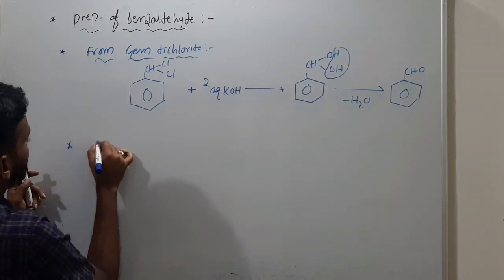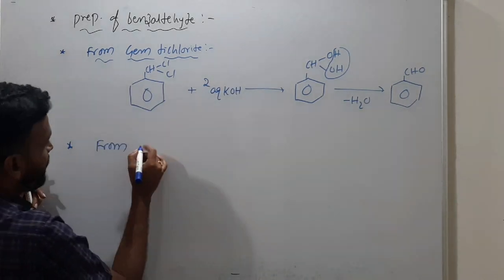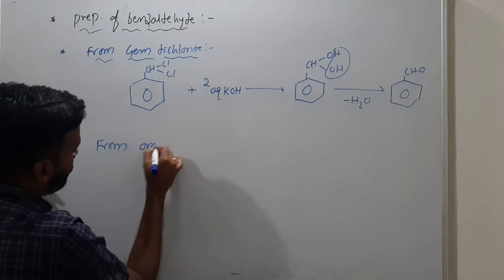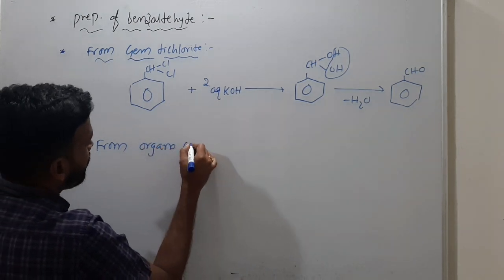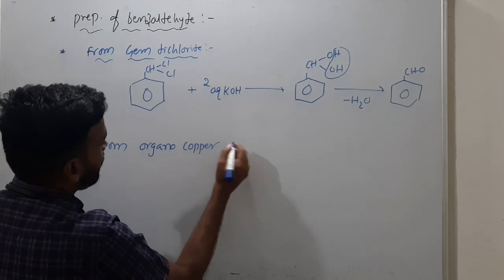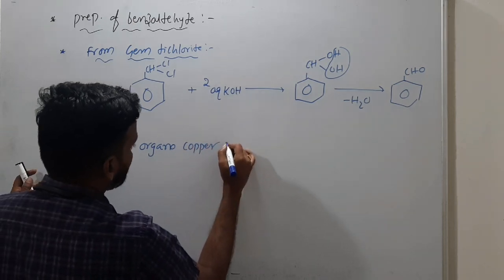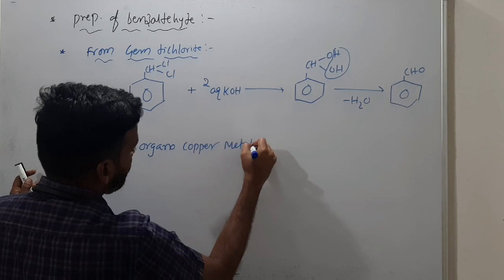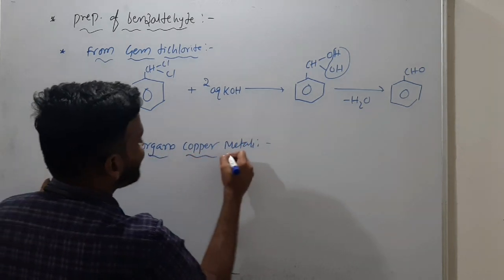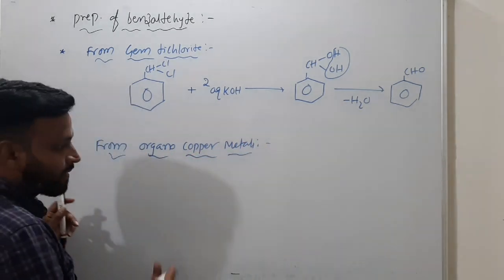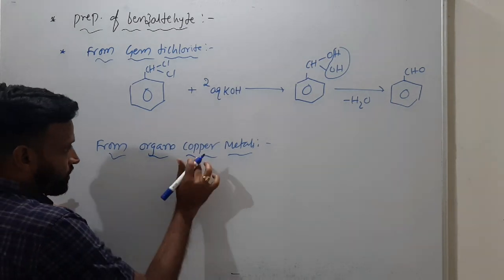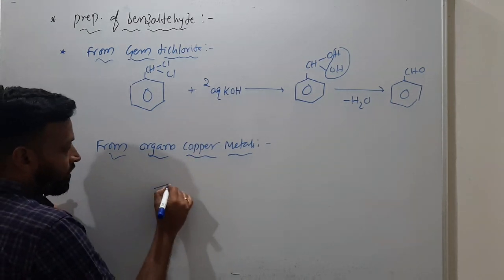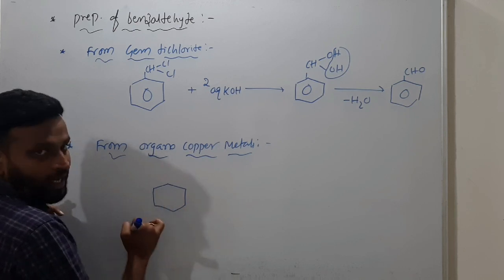Okay, next one is from organocopper metals. Acid chlorides treated with this organometallic substance will give a ketone.